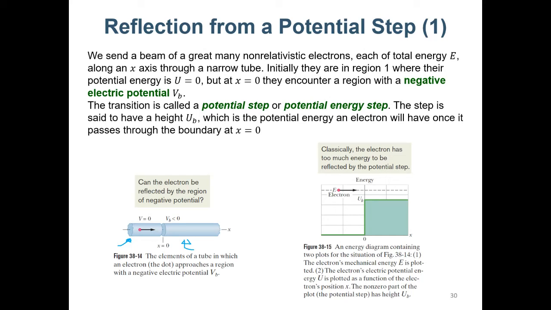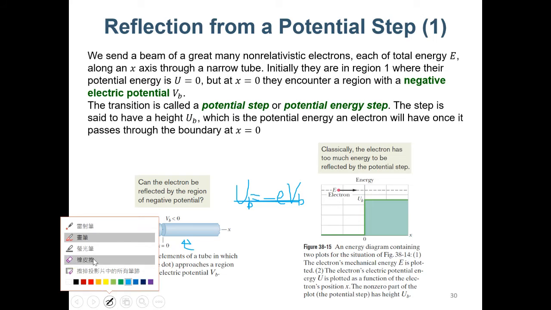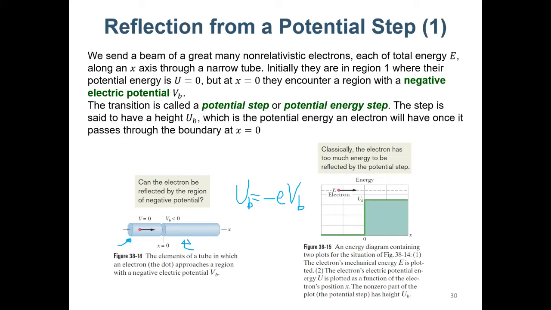But this one is an electron, which is a negative charge, so UB is minus eVB. VB is negative, and e is positive, so this one should be larger than 0. So we have a UB larger than 0 like this.